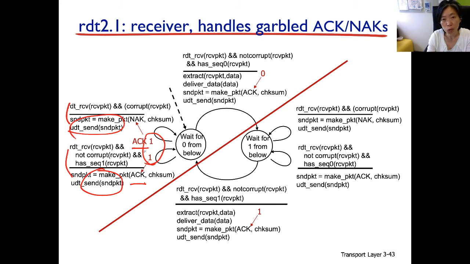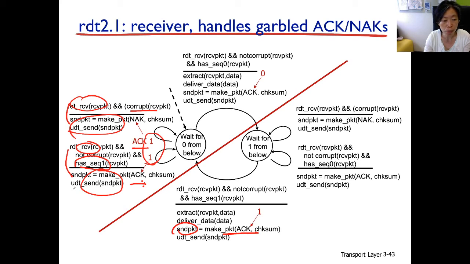So then perhaps we could just combine the two transitions. Receive a packet from below, check if it's corrupted or carrying sequence number 1, send ACK packet 1. Right? And you know what? The ACK packet with sequence number 1 is already being generated here. The send packet, if you do not replace this variable's value, will remain the same.